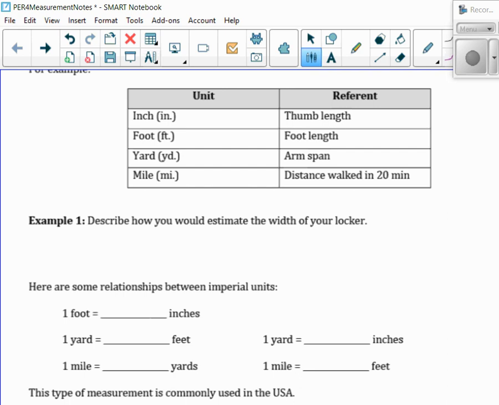Sure. Use your foot to roughly estimate. Did you know that these tiles are 1 foot tiles? They're 12 inches, like 1 foot. So you could look at your locker and line it up with the tile on the floor and see. Okay, so here, it's 12 inches.